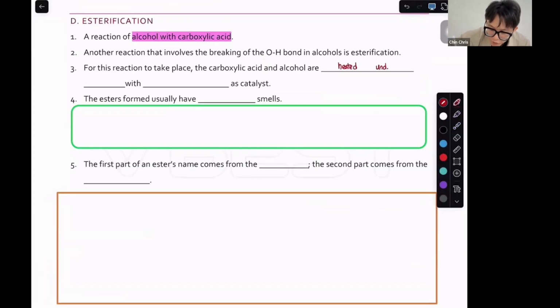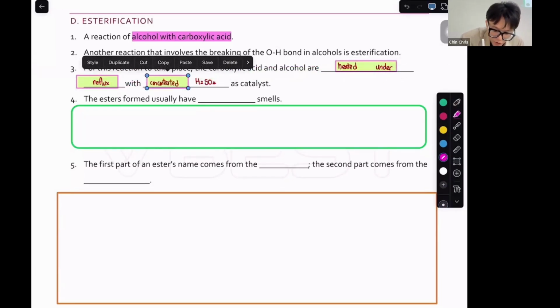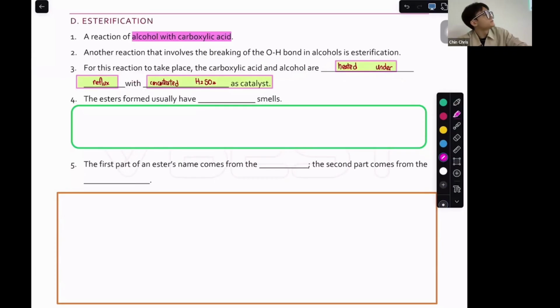Remember that, you must heat it under reflux, with concentrated H2SO4 as a catalyst. Highlight the words heat under reflux. Highlight the words concentrated H2SO4 as catalyst. That's it.